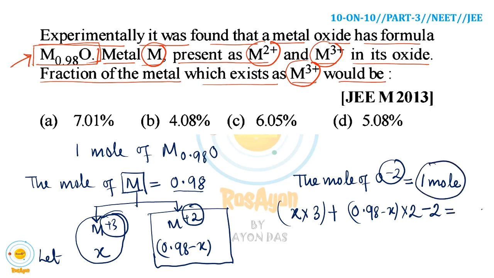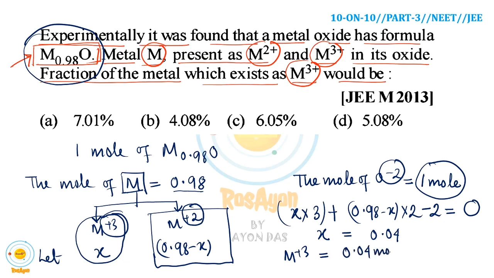So the total charge equals 0, because the metal oxide is neutral. Now if you calculate the value of X, it equals 0.04. Now we can say the total M+3 in the metal oxide equals 0.04 mole.